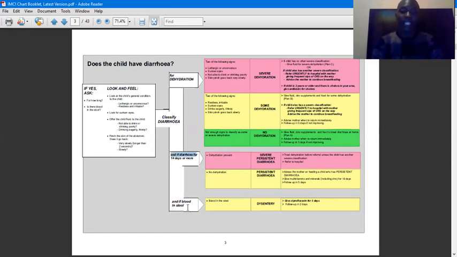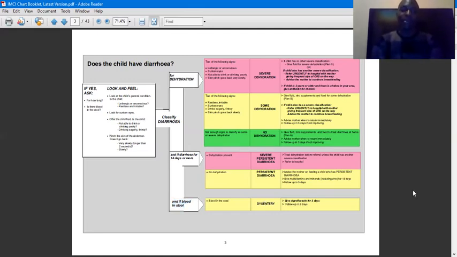If the diarrhea is mixed with blood, it may lead you to dysentery. So these are the forms through which diarrhea may lead you to different classifications depending on the supportive signs that the child has presented with.